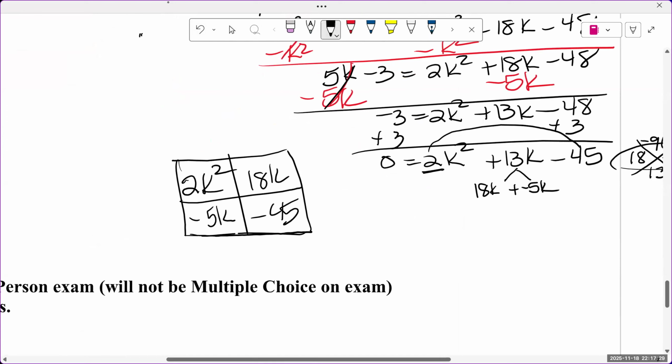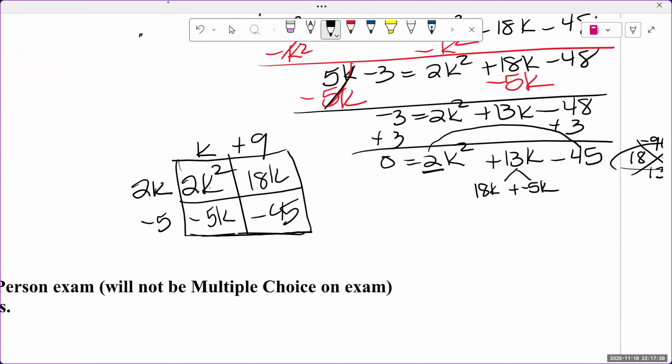So the greatest common factor of the top row is 2k. 2k times k is 2k squared. 2k times 9 is 18k. Negative 5 times k is negative 5k, and negative 5 times 9 is negative 45. So I have 2k minus 5 times k plus 9 equal to 0. We're going to set each factor equal to 0.